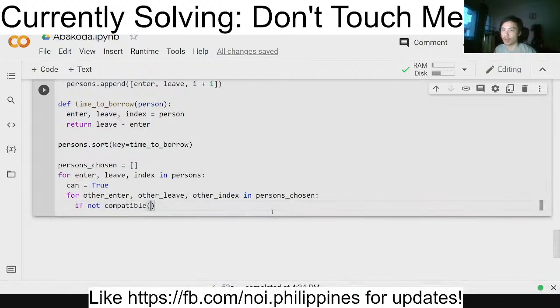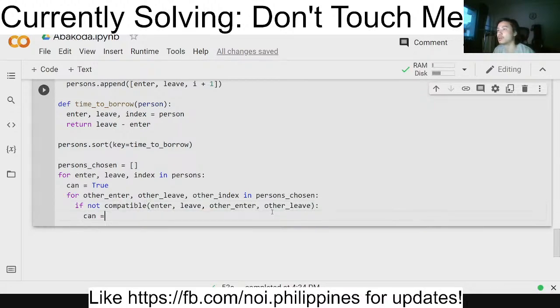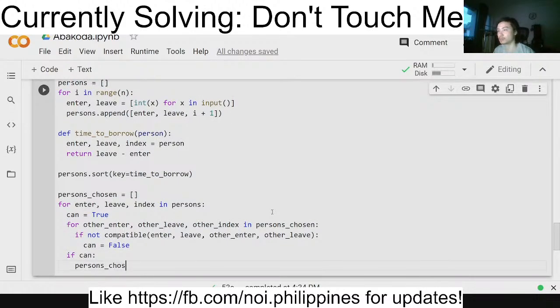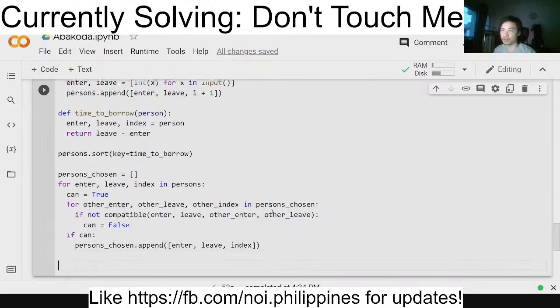So I need to check now, is this person compatible with all of the other people I've chosen so far? Yeah. So enter, leave, other, enter. And only if it's compatible with everyone, then that means I can add this new person. And then you guys know how to print.